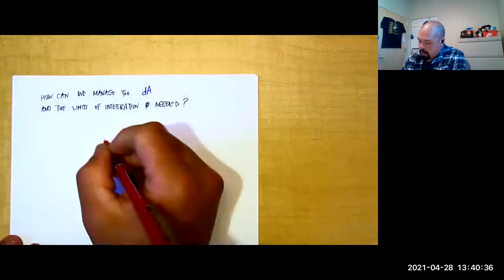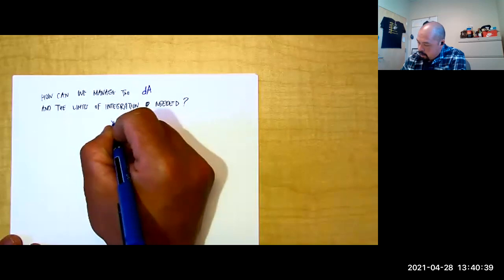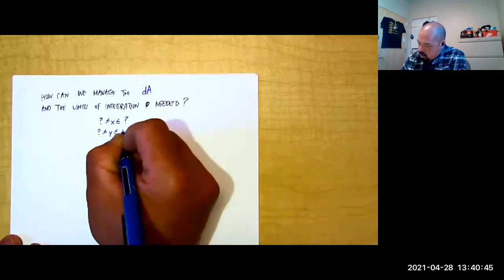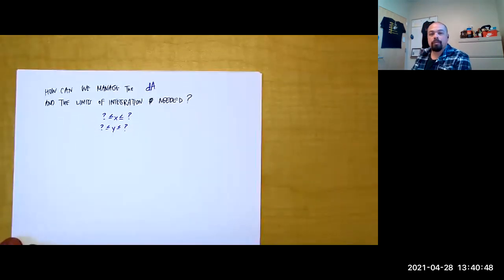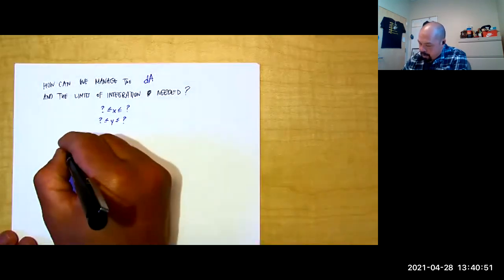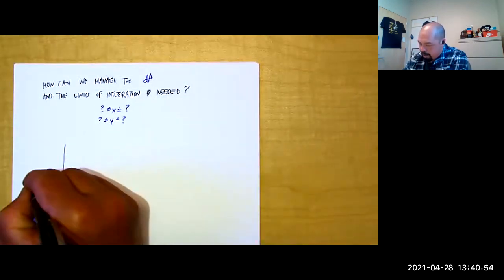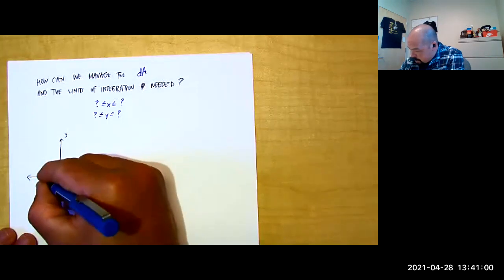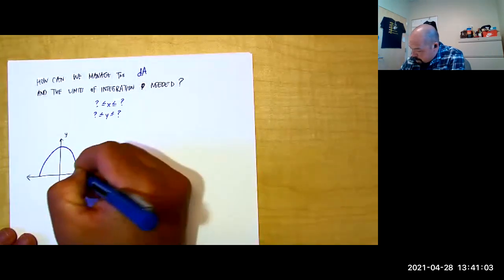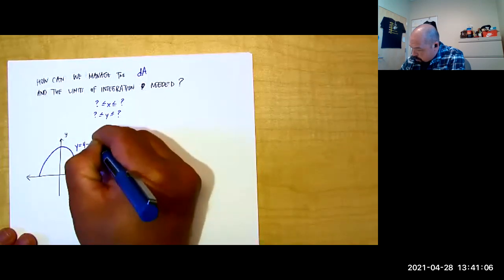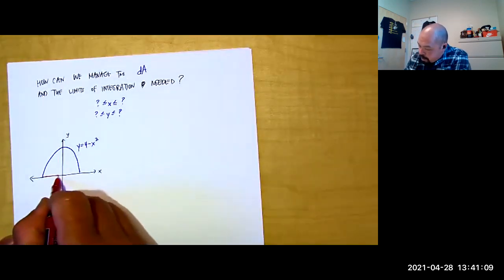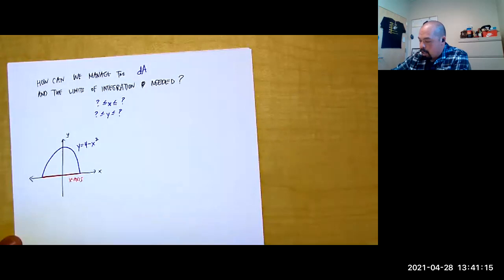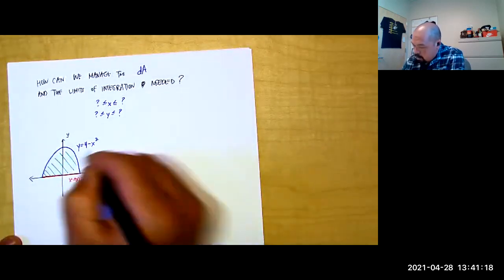What is our x going to be between? What does y stay between? So if we look at that same region R, underneath the parabola, above the x-axis, we're trying to utilize that region R.